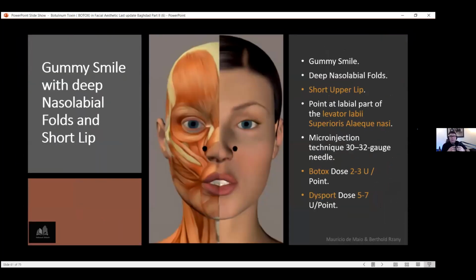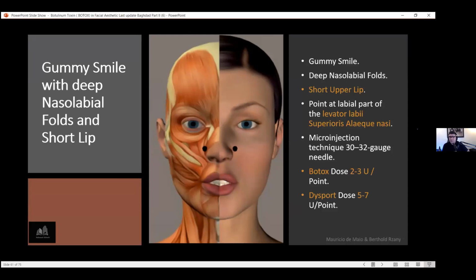If you get a patient with gummy smile, should I start botulinum toxin immediately? No, as I said, you have to classify and evaluate, and then decide. If I decide to do botulinum toxin for this patient, then I have to be very careful to spot or diagnose which muscle creates this unacceptable gummy smile.